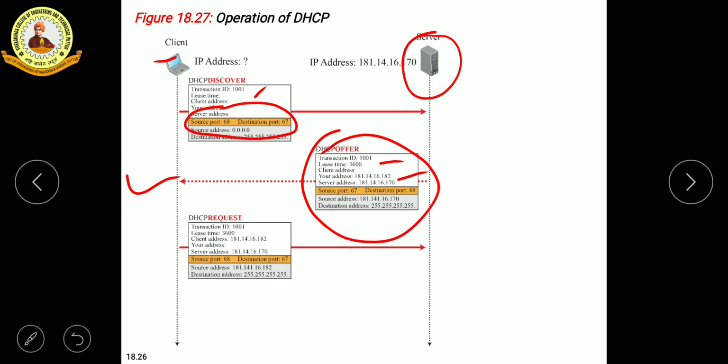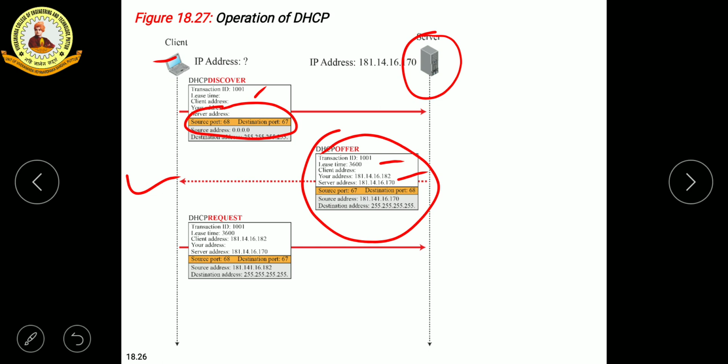Coming to the third step, what happens? It is DHCP request. So the order is discover, offer, request, and acknowledge. In the third step, the joining host receives one or more offers and selects the best of them. The joining host then sends a DHCP request message to the server that has given the best offer. The fields with known values are set.